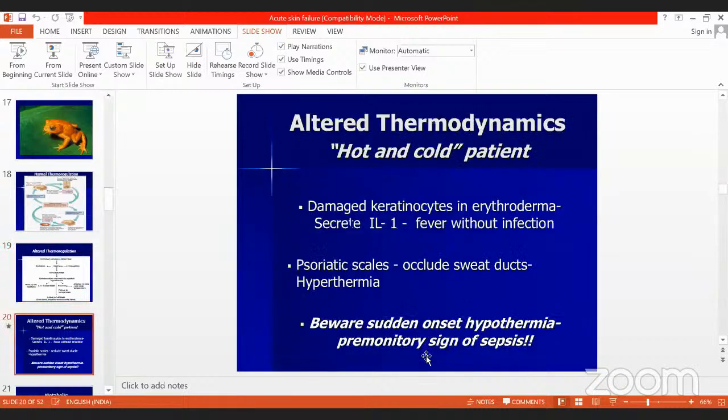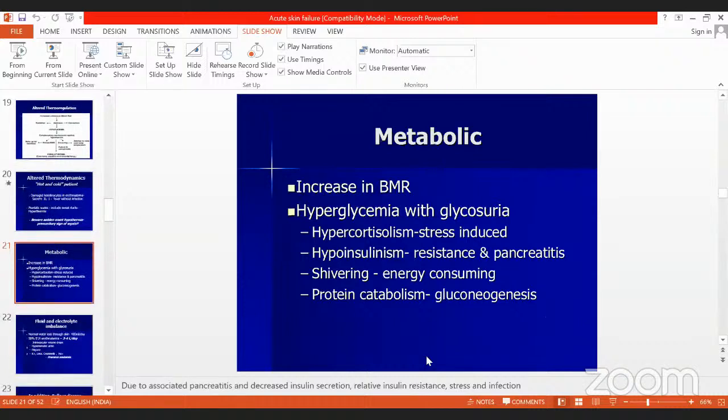So you have a patient who's got altered thermoregulation. And the other thing that happens in psoriasis is that the sweat glands get occluded and therefore hyperthermia can happen. Now, one important thing: if there's a patient who's hyperthermic and suddenly becomes hypothermic, remember that it could be a premonitory sign of sepsis. So it's important to look for this when you're looking at these patients.